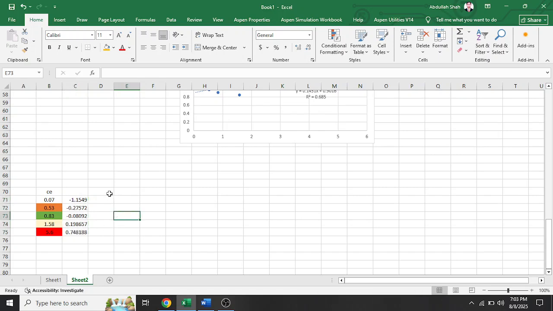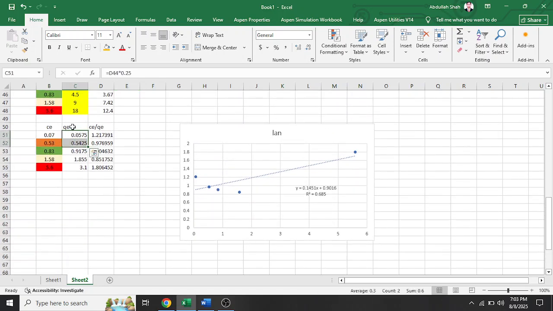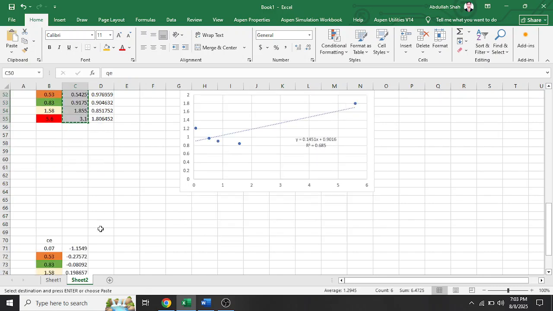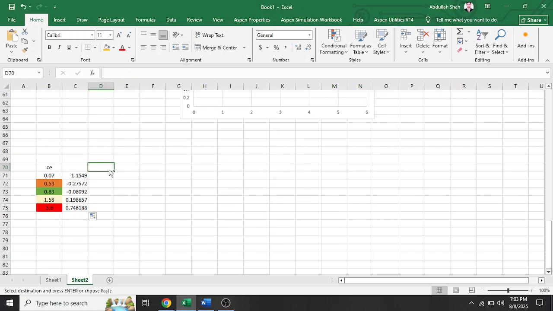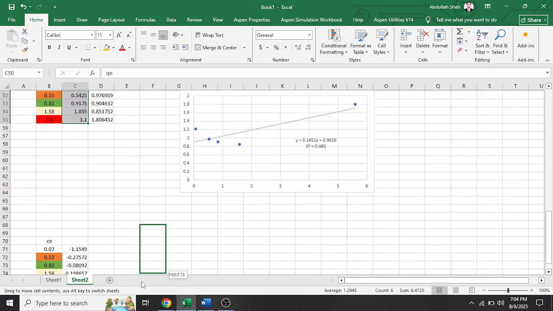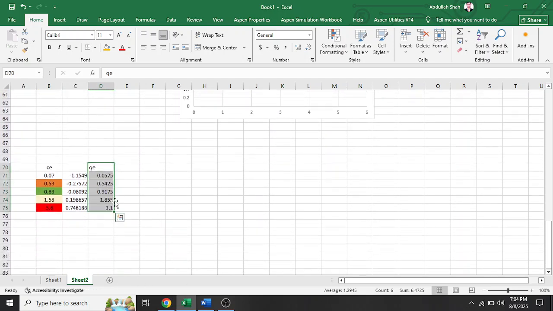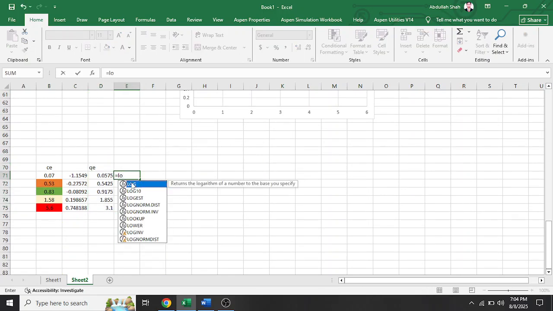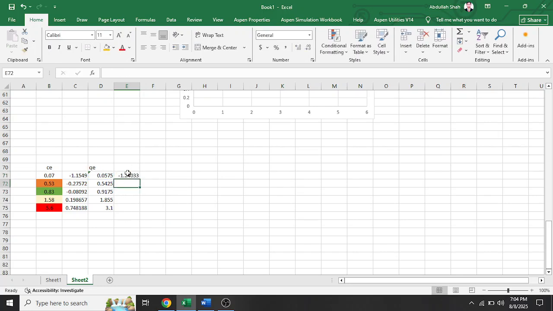And QE is this one. So log of QE. Now log of this one.